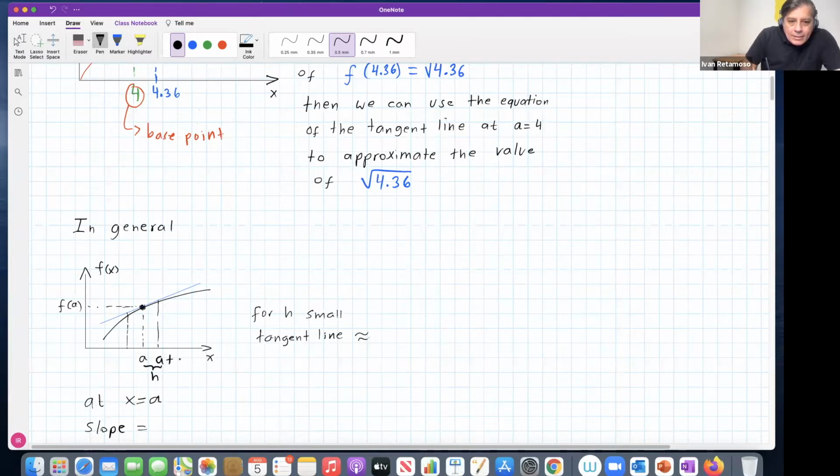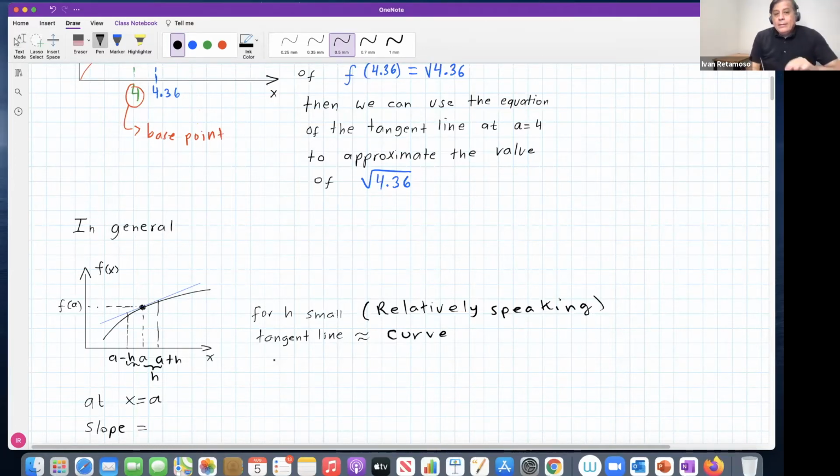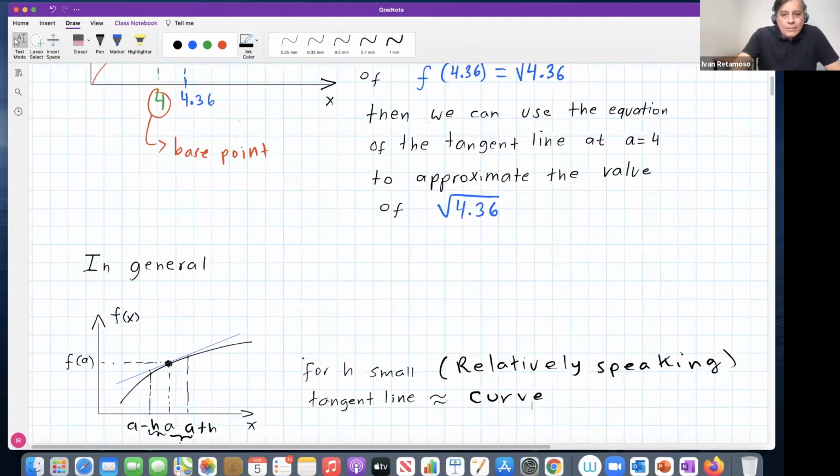So you get a plus h on the right, and h units to the left, a minus h on the left, right? Now for a small h, relatively speaking, as a percentage, the tangent line should be approximately equal to the curve, right? So this is the main idea. Linearization makes sense only if these two are close to each other.